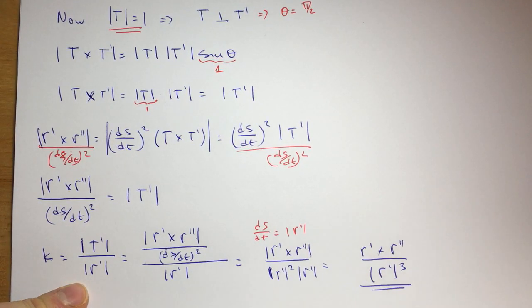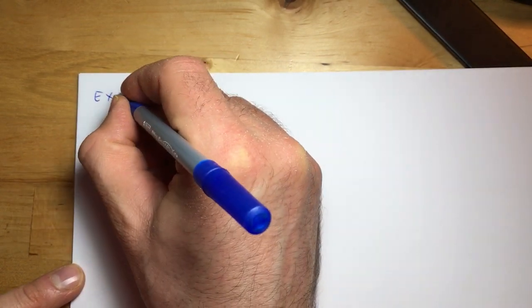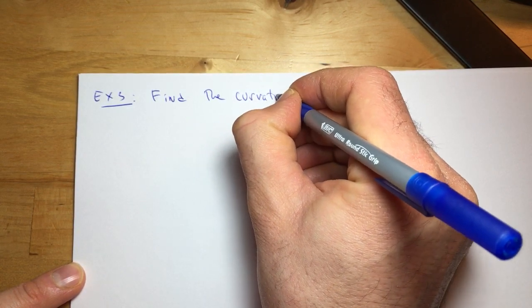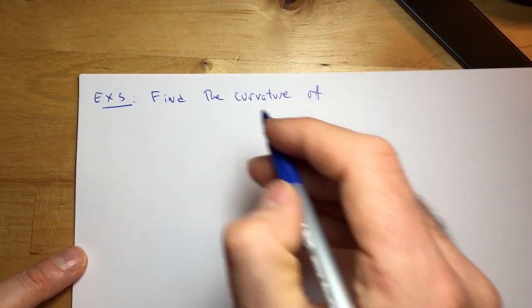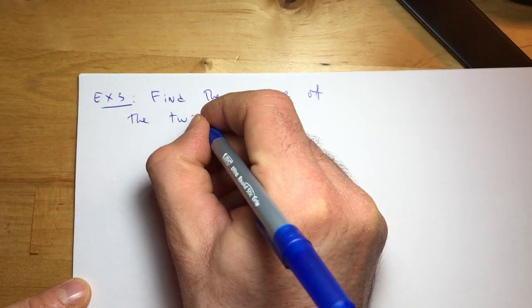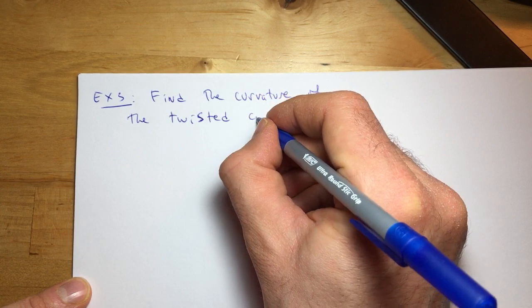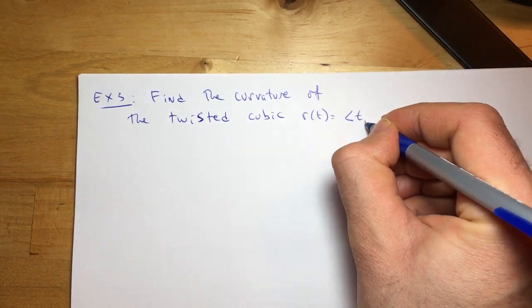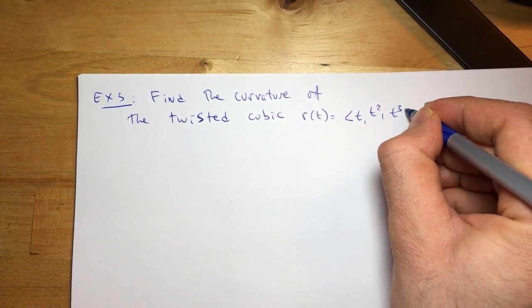So let's do an example. Find the curvature of the twisted cubic whose definition is r of t equals (t, t squared, t cubed).